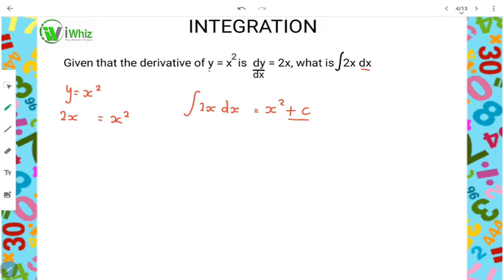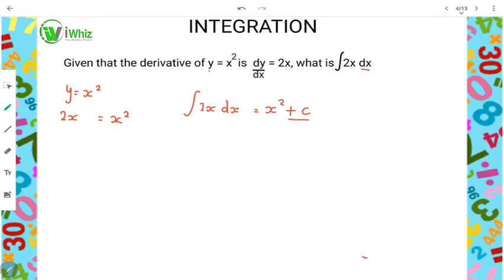Why do we have that plus c? We have that plus c because of the constant of integration, and we learned that we add that because whenever we differentiate a constant value, we say that a constant is 0. So the derivative of a constant is 0.